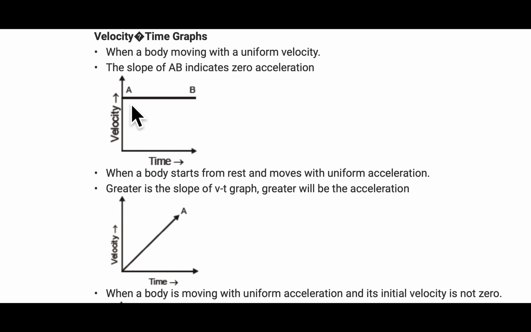If the line is like this, it shows constant velocity, means the velocity of the object is not changing, then it will indicate zero acceleration. Why? Because acceleration is change in velocity. But in this graph, velocity is the same throughout, so it is showing 0 acceleration.